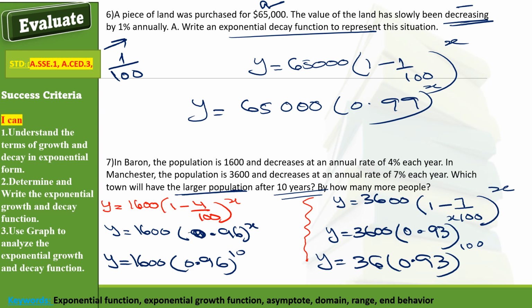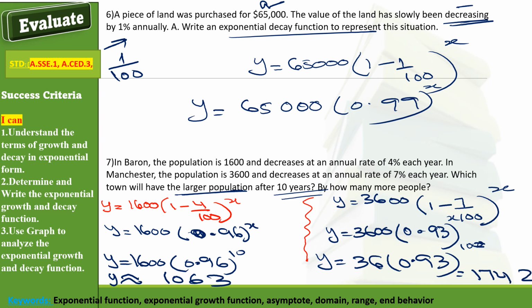I will get 1063.7, so let's make it approximately 1063. And the other one will be 3600 times 0.93 whole to the power of 10, and you will get 1742 people.